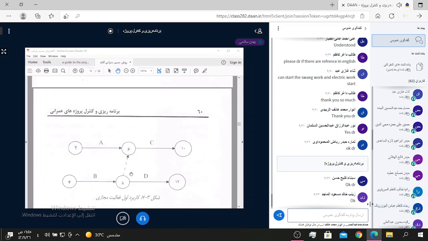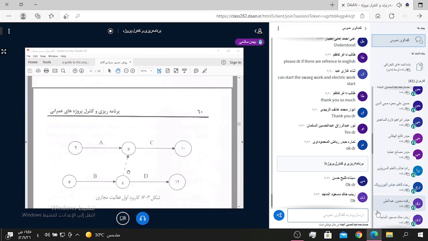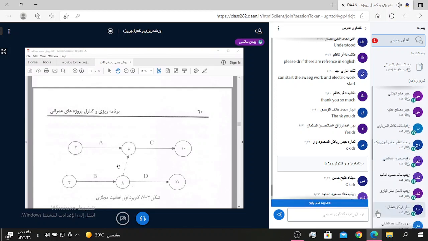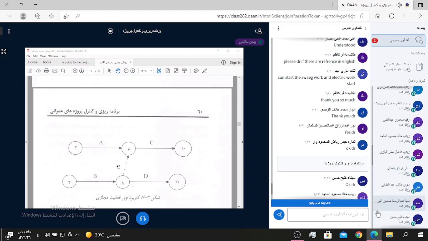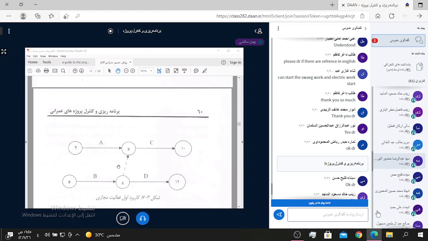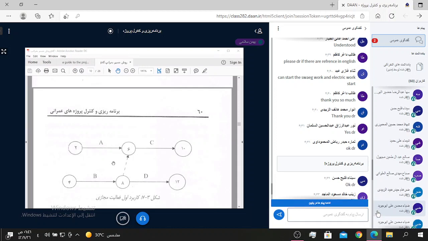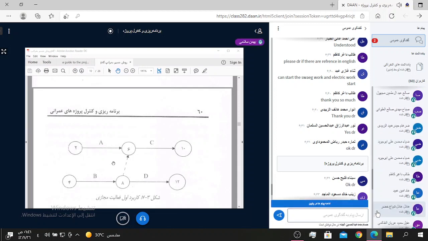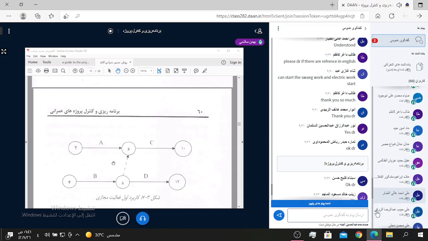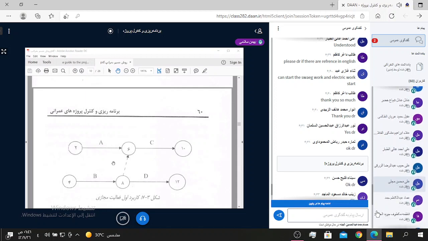No, it's different between real activity and dummy activity. Yes, it's not real. We use dummy activity only for better relationship between real activities, understand?